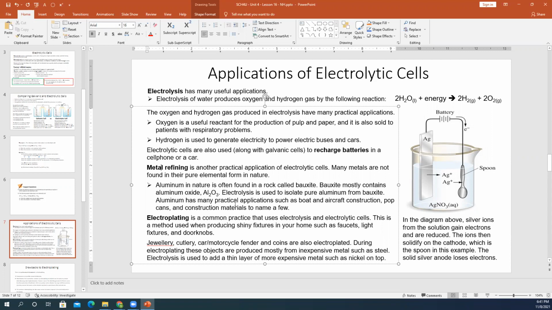And also electroplating is very useful in making jewelry or cutlery. You can have silver plated cutlery, you can have gold plated jewelry, even things like motorcycle fenders or even coins. Money is electroplated.